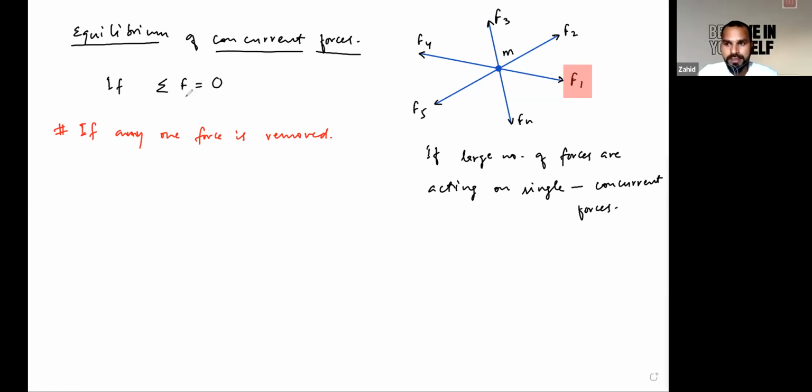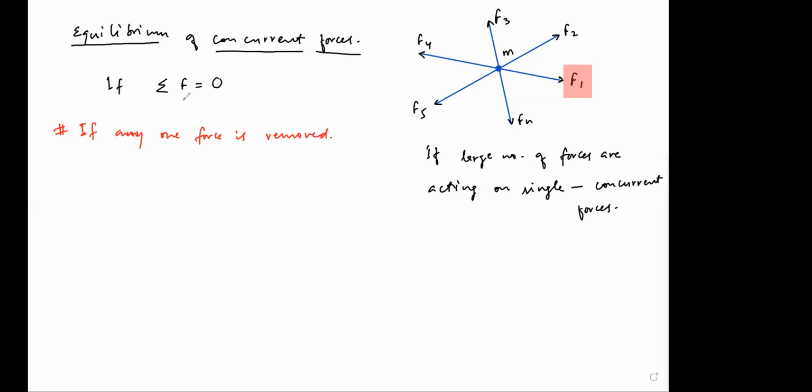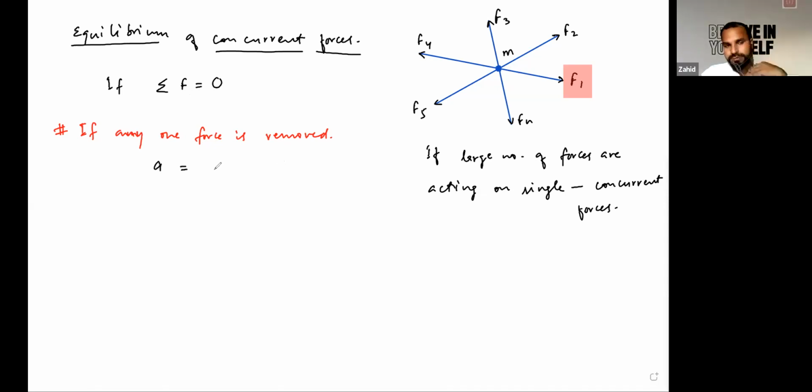Is it clear? Yes, sir. The acceleration on this removal of force would be F4 divided by mass. All the other forces will still cancel each other, but this F4 will not cancel due to this removal. So acceleration is equal to F4 divided by mass.